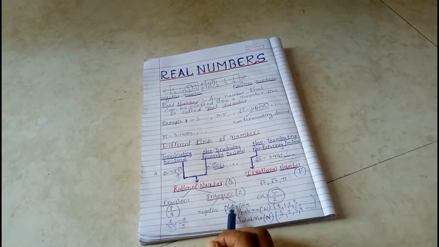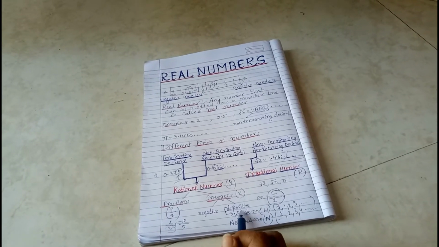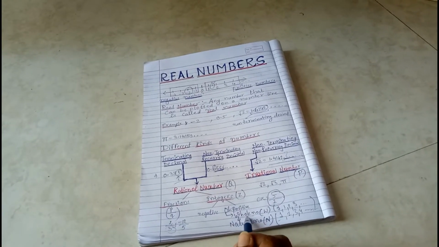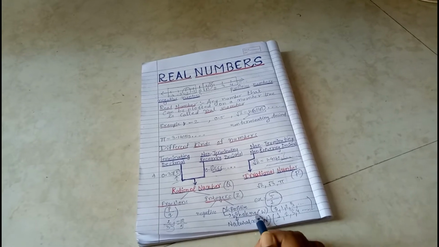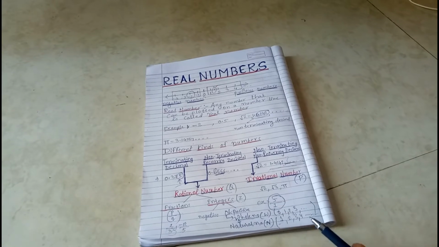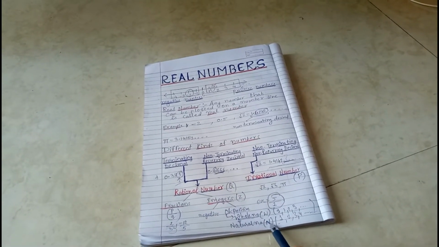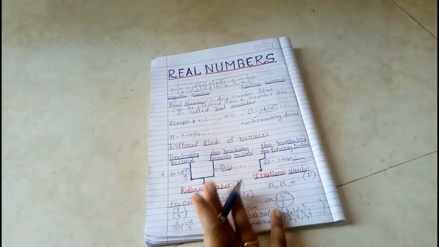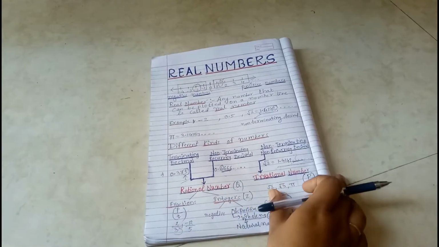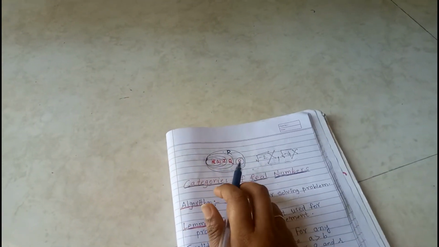In the positive you will find 0 and positive numbers, where 0 and positive numbers together are considered whole numbers. Whole numbers start with 0, 1, 2 and 3, which I already told in the previous video. A natural number starts with 1 and is denoted by N. So this chart you can easily find through this diagrammatic representation.